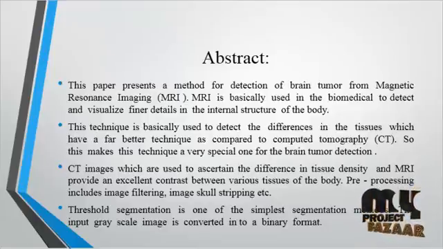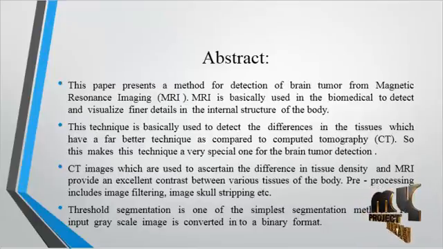MRI is basically used in biomedical imaging to detect and visualize the finer details in the internal structure of the body. This technique is used to detect the difference in tissues, and is a far better technique as compared to computed tomography, that is the CT images.